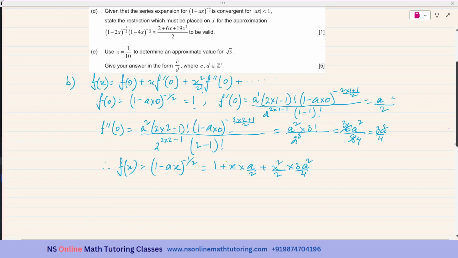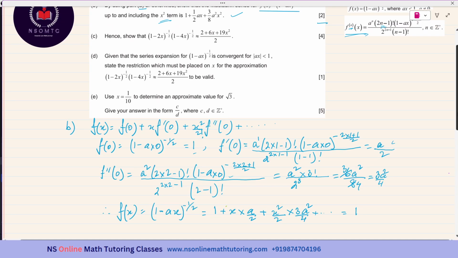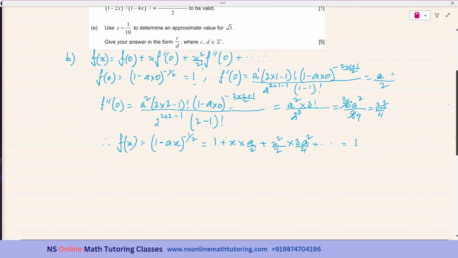And there will be other terms also. So this is 1 plus half ax plus 3 over 8 a square x square and so on.